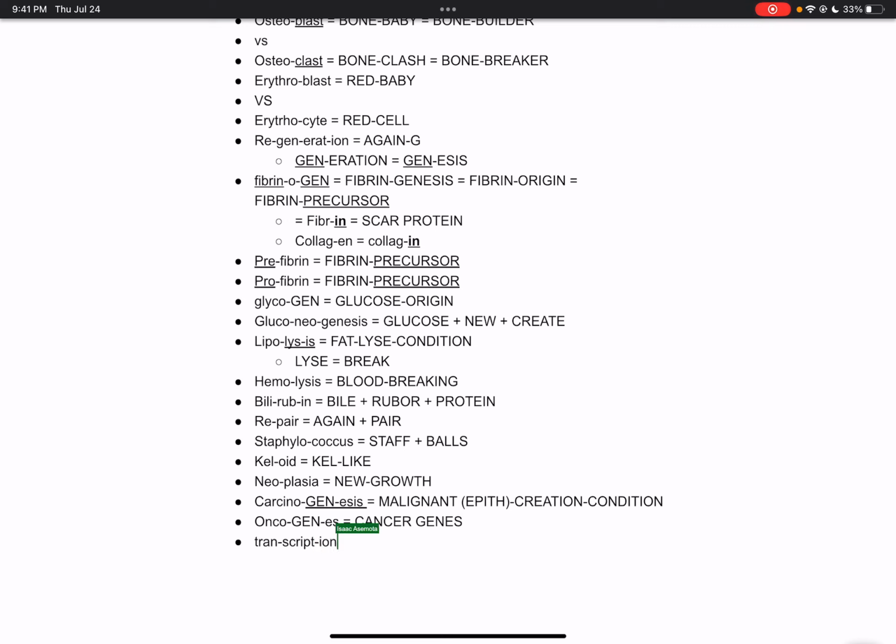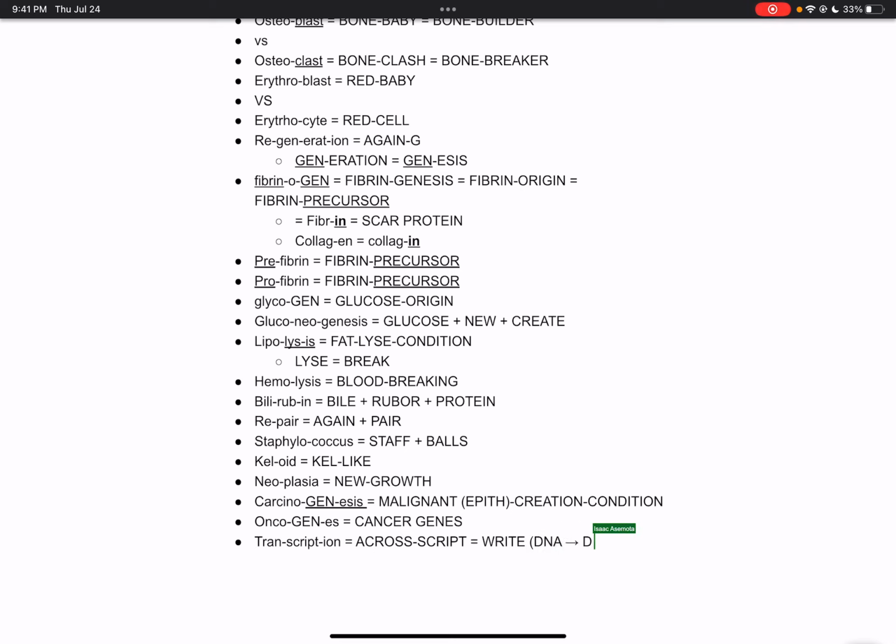To write. Trans means what? Across. So across script means to write. The script is the important part. Scribe. It's like a scribe. It means to write across. So we're writing from DNA to RNA.